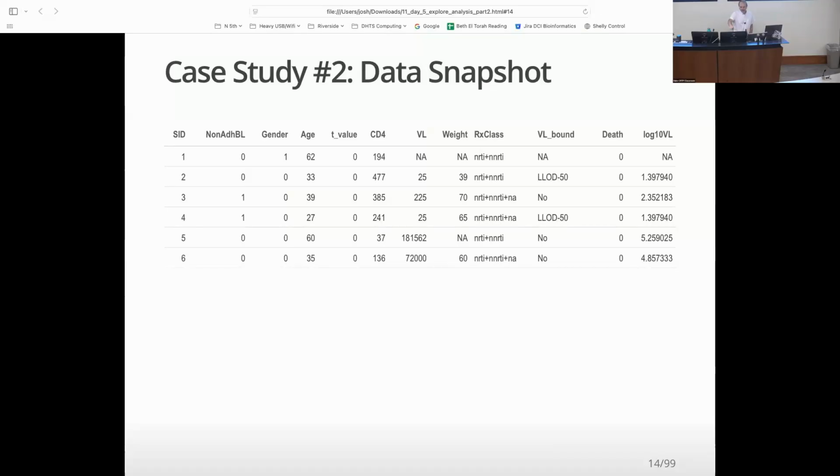For the examples we're going to be working with for case study 2, we're just looking at the baseline data, which means time 0, the time at which each subject was enrolled in the study.